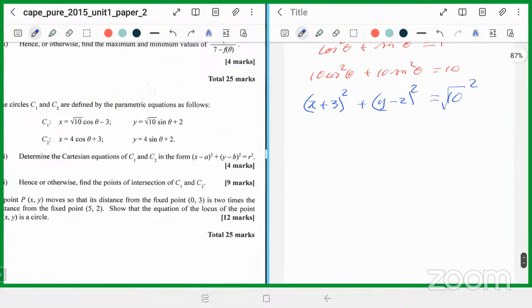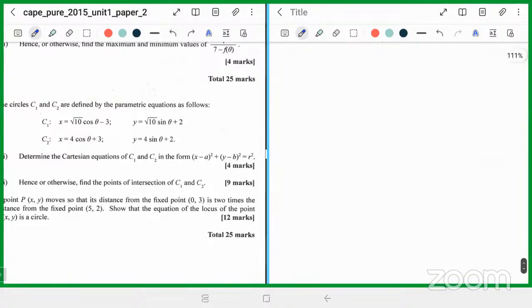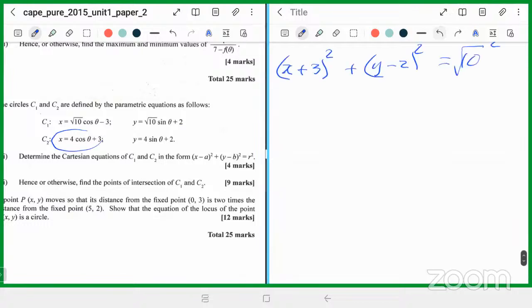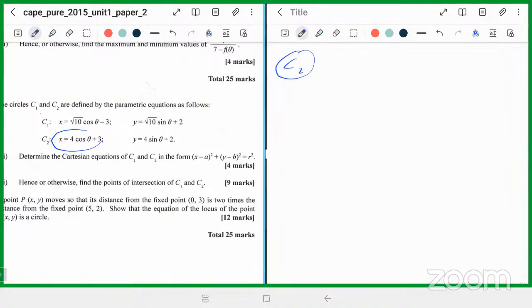So this one is even more straightforward, well, not more, but the same thing. For circle C2, I would make 4 cos theta my subject first. Why am I doing that? Because this is also a multiple of 4. So 4 cos theta would be equal to x minus 3.